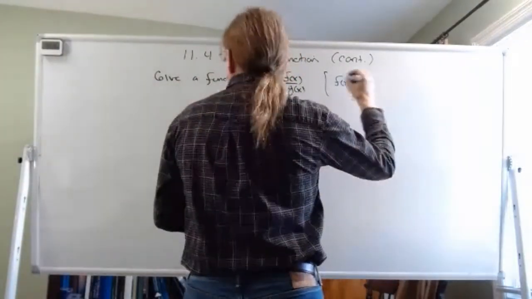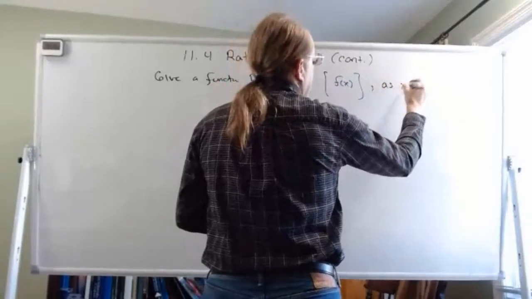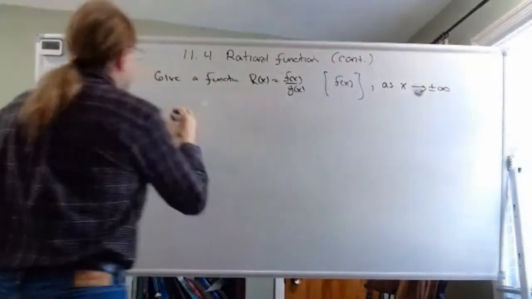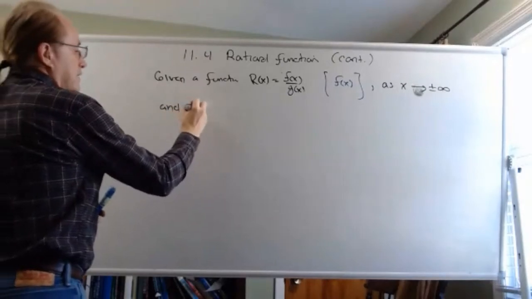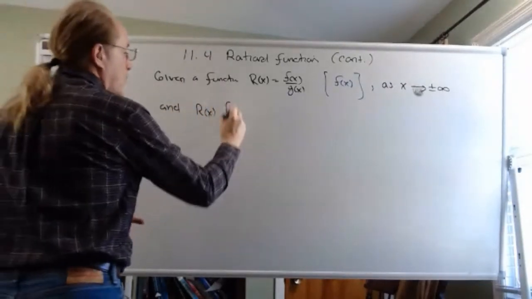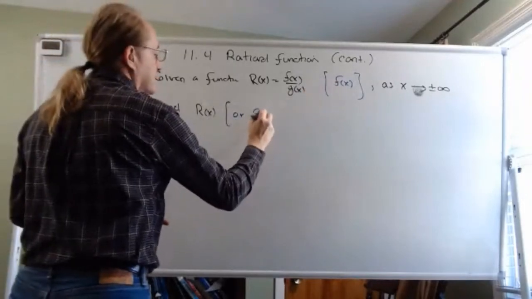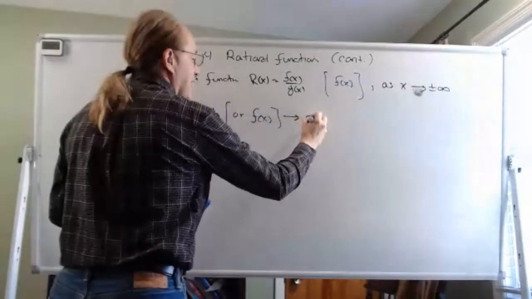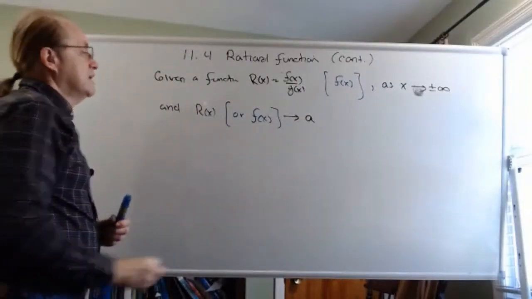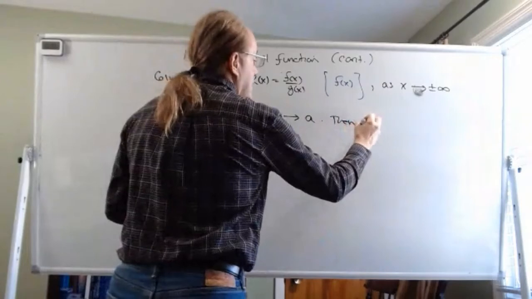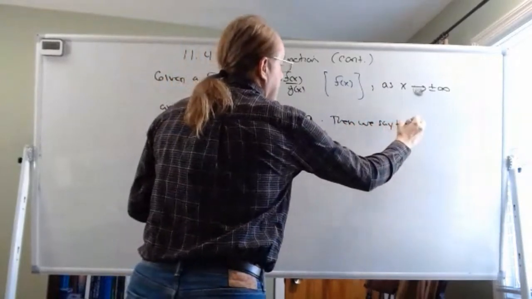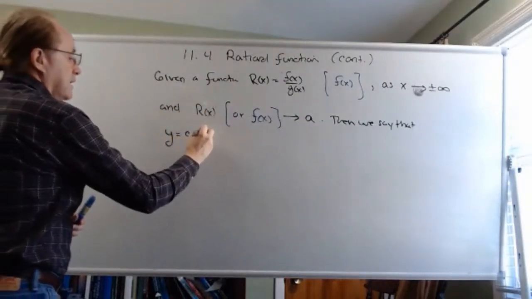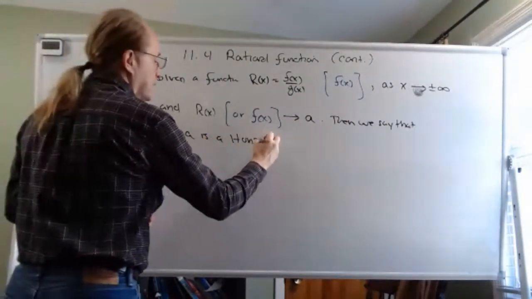And given a function, as x goes to either plus or minus infinity, and either r of x or, as we have it here, f of x, goes to a constant a, then we say that y equal to a is a horizontal asymptote.